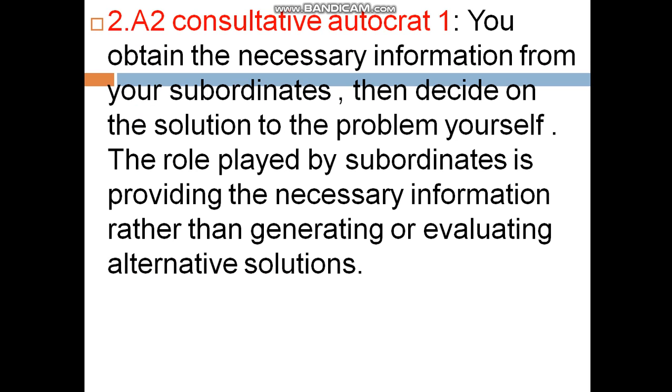The role of the subordinate is only providing necessary information rather than generating or evaluating alternative solutions. Only give the information.